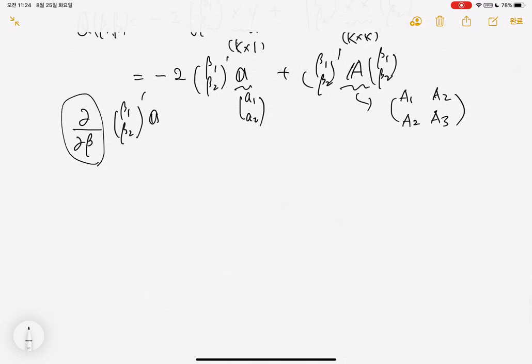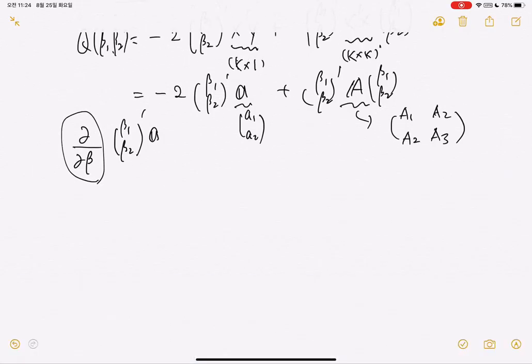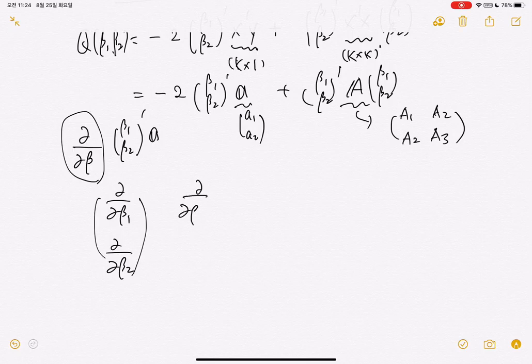This notation is a simpler form of the following: partial beta 1, partial beta 2. We are dealing with a scalar function, a vector derivative of a scalar function. So this maps R to R squared.